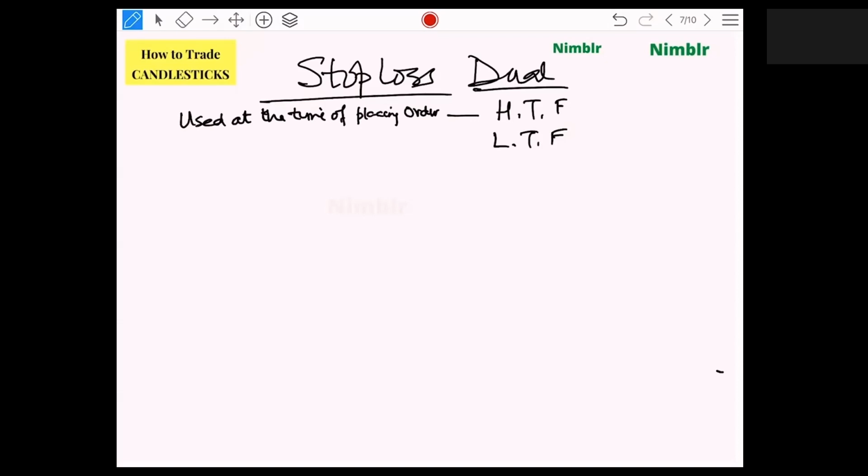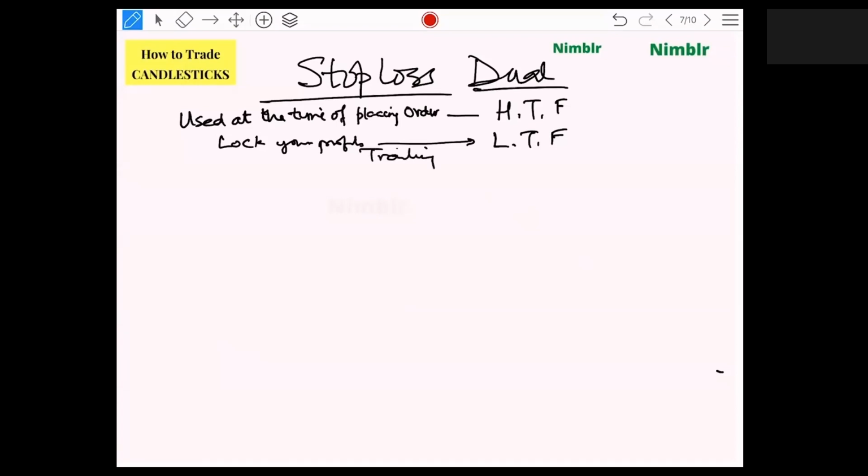And after you place the order, and you find that your trading is doing well and you need to capitalize and lock your profits, you can use it for trailing.